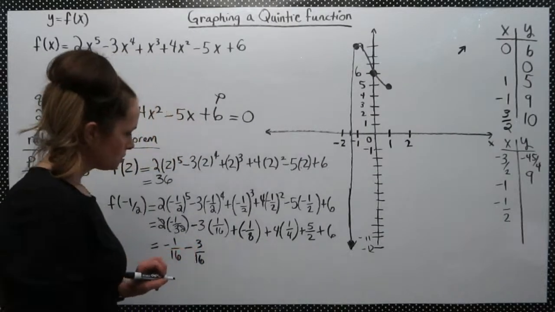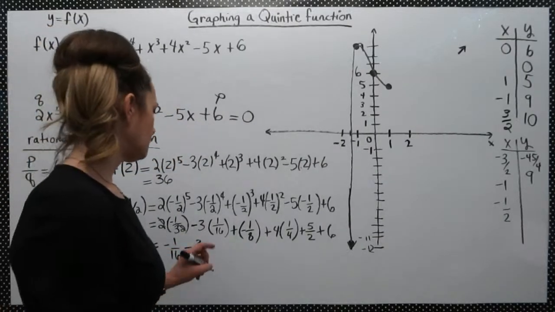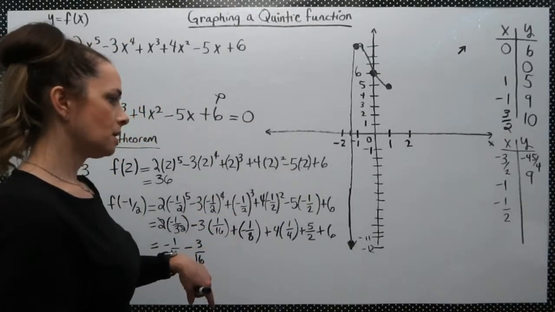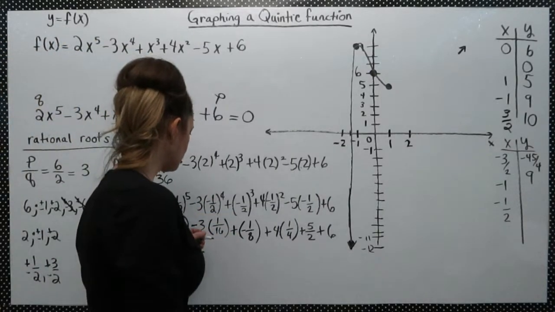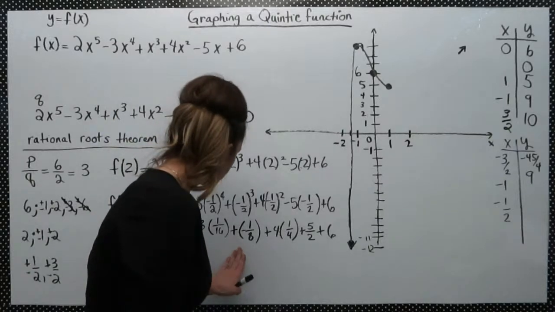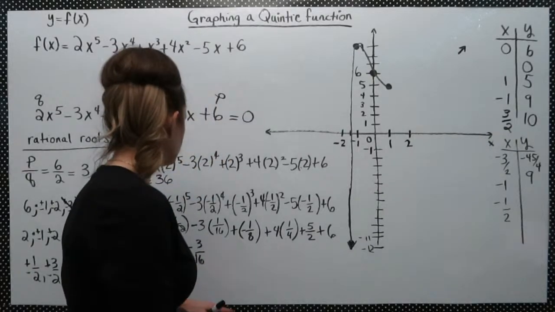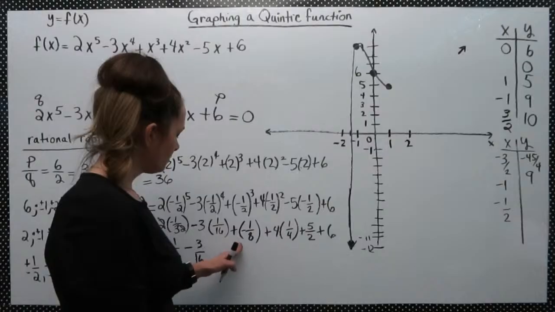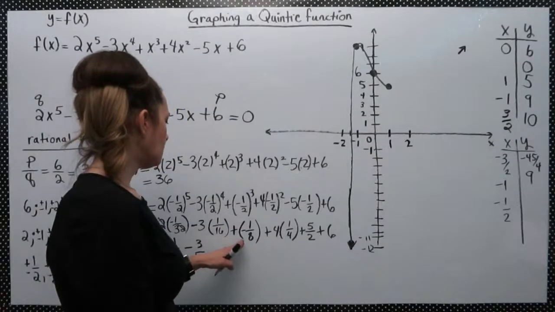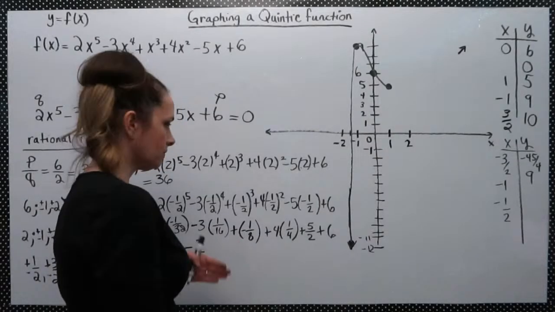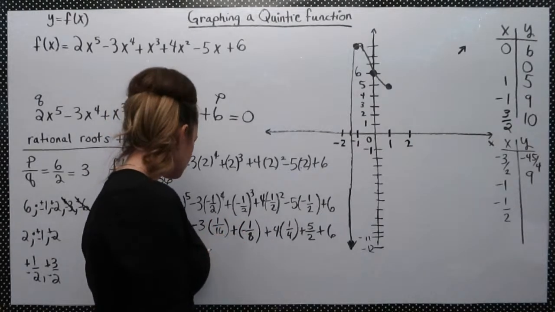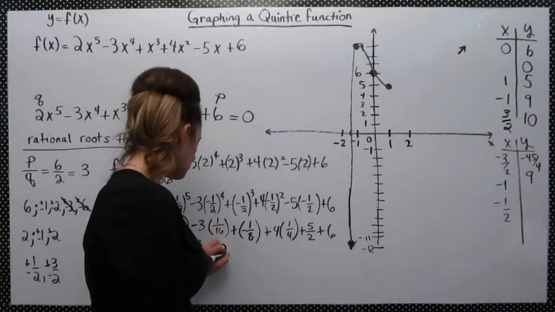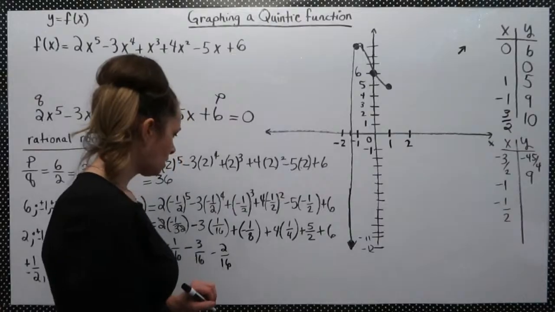I'm having like a brain glitch or something. What am I trying to say? Okay, I'm going to put them in equivalent fractions. Yeah, equivalent, that's the word. All right, so that'll be -2/16. It'll make it easier.